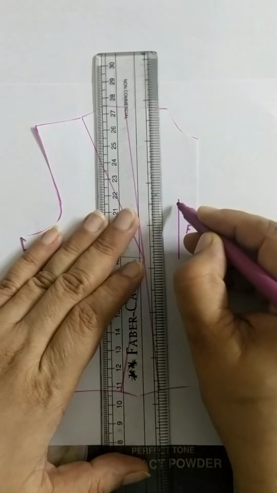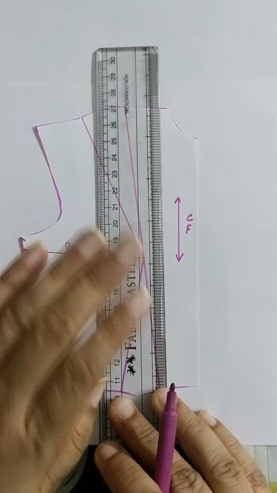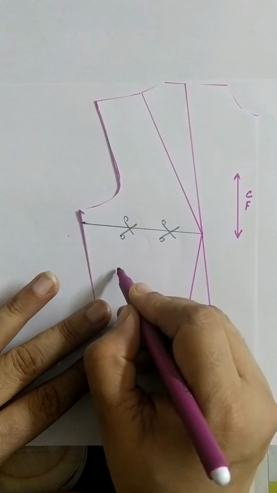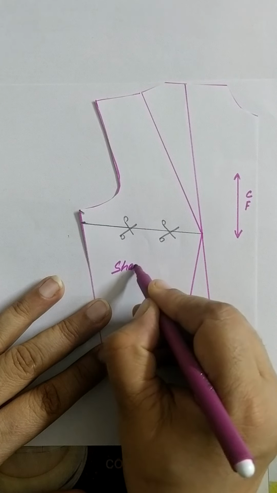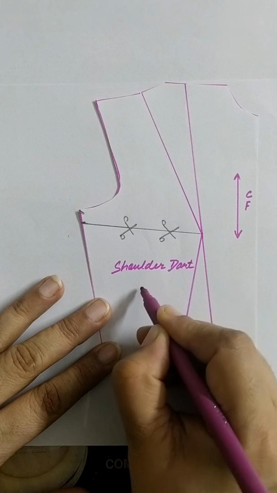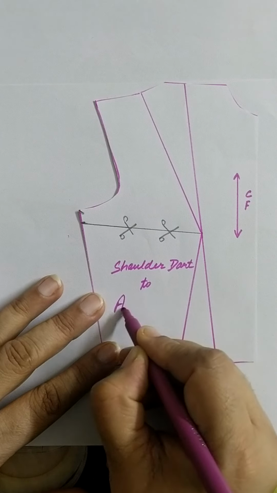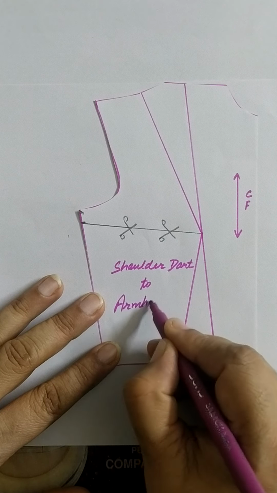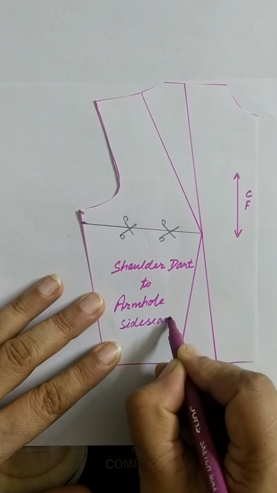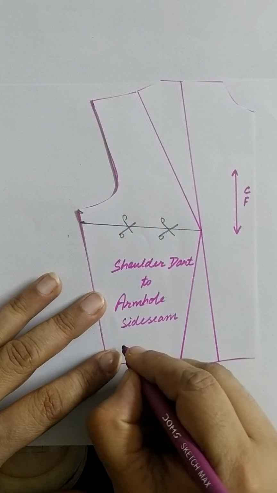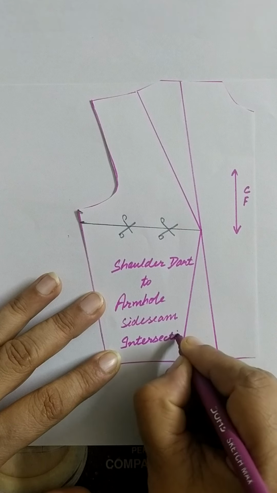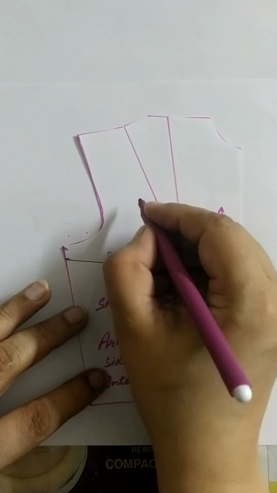We will draw the grain line, a straight lengthwise grain line, and we will label this as shoulder dart to armhole side seam intersection. And this is my step 1.